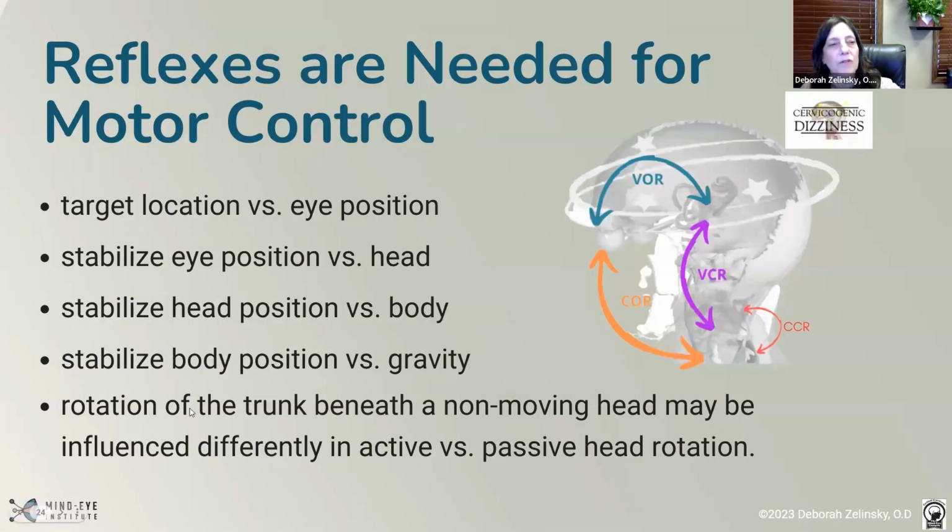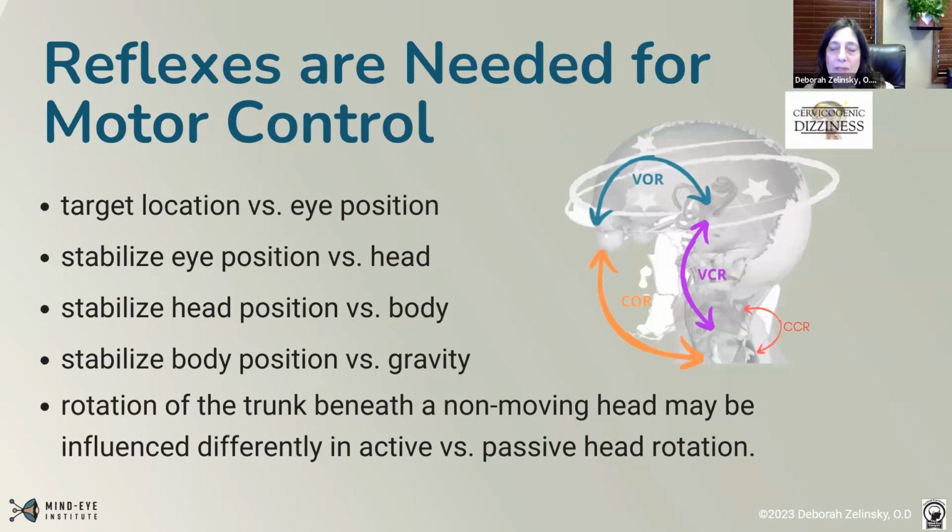There's also the Chicago Center, Cerebellar Dizziness, which has this beautiful slide, and it talks about reflexes that you need for motor control. So you have a link between eye position and where the target is. If my target's below me, my eyes are downwards. If the target's above, my eyes are up to the right. So you have your eye versus the target. Then you have your eye position being stable versus the head.